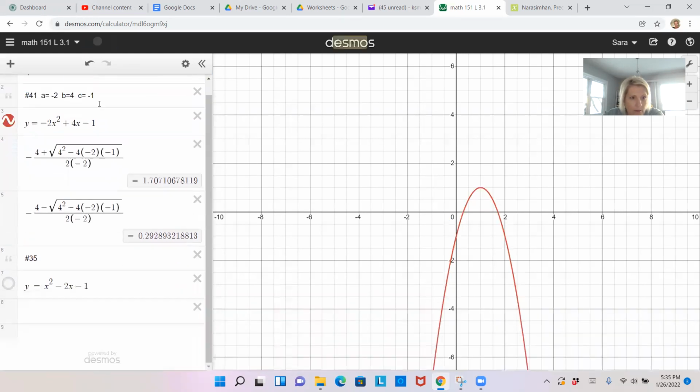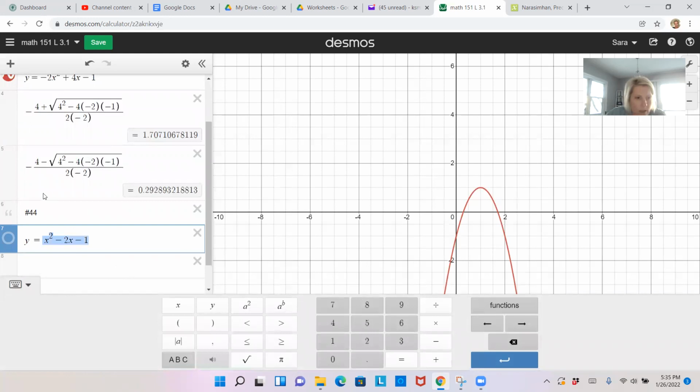Okay, so I'm going to make sure I save this for y'all. I didn't put that one in there. So let's do number 44. Number 44 is, I'm just going to add this as 3x squared minus 12x plus 4. I believe, let me double check my 44 here. Yep.